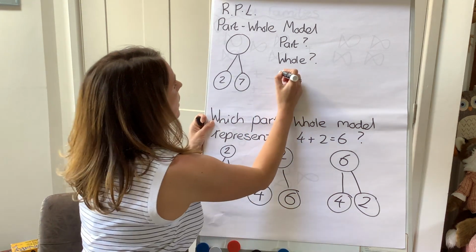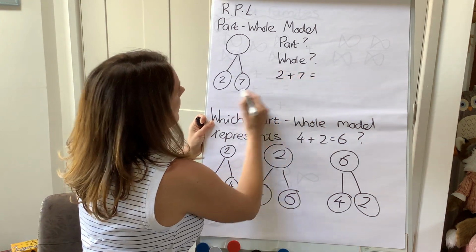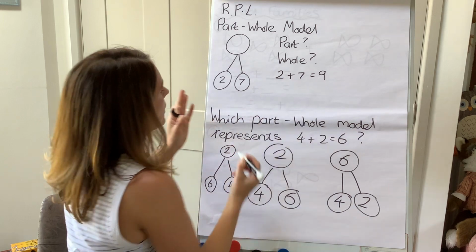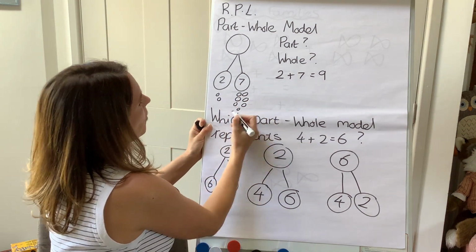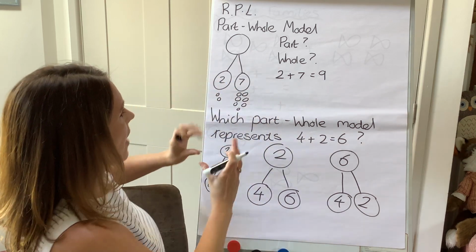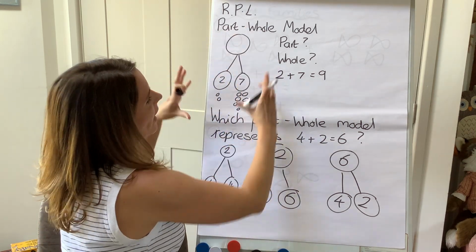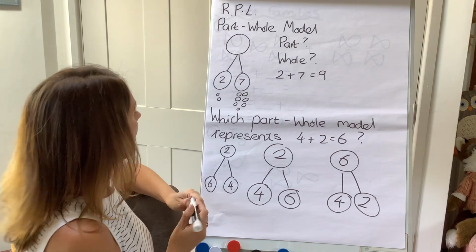So we've got 2 add 7 is equal to 9. So you can use counters, you can use objects in the Pothole Model, combine them together and then count them. If you need to move them up there and then count them, do that.